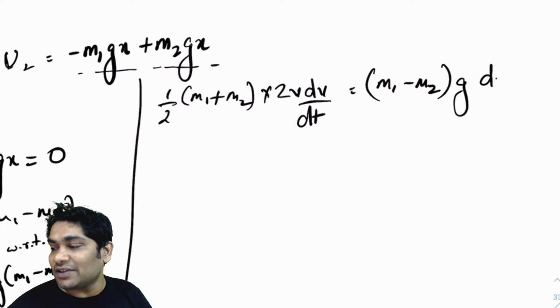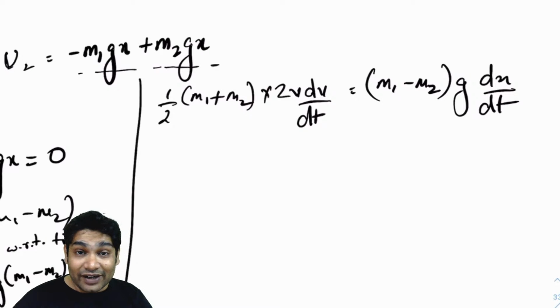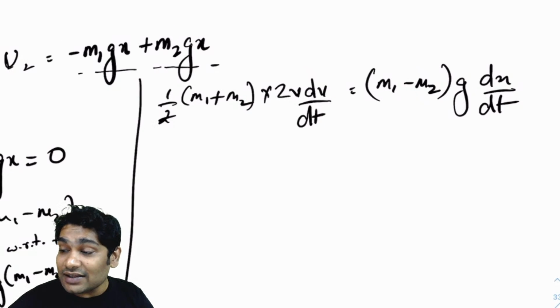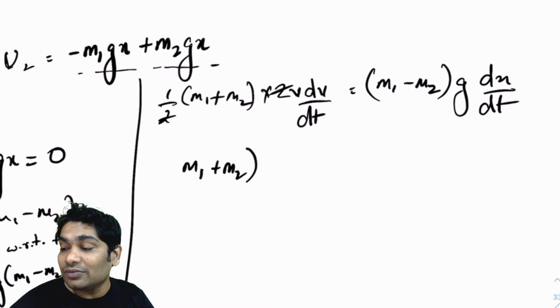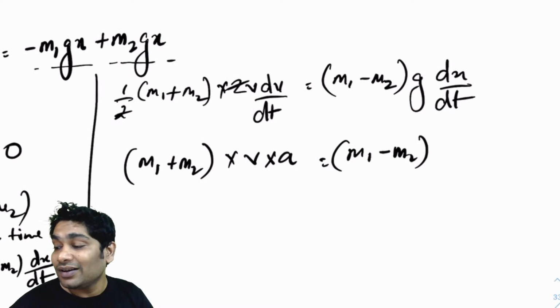So this was the expression that we got after differentiating. Now you will realize what dv over dt is. dv over dt is nothing but acceleration. Similarly, what is dx over dt? dx over dt is nothing but v. I can cancel these out, and what I am left with is (m1 plus m2) times v times a equals (m1 minus m2) times g times v.